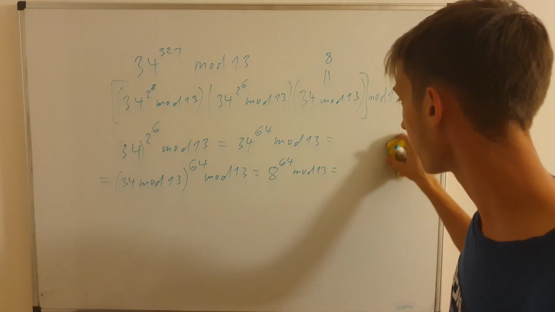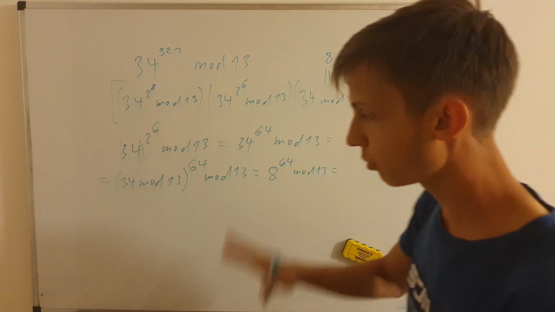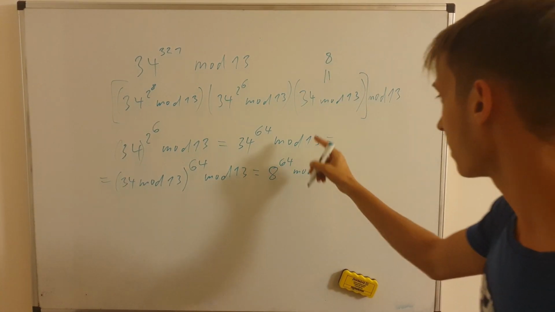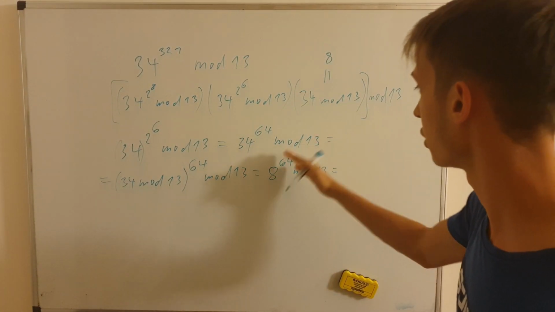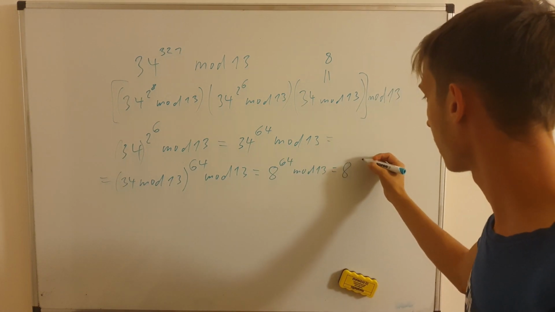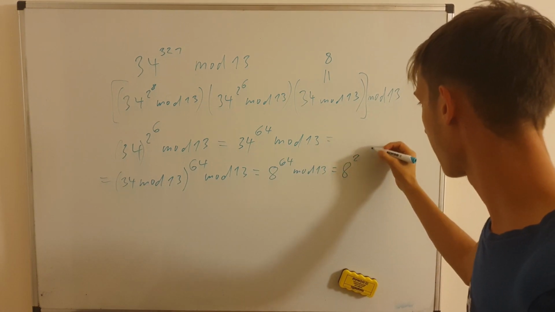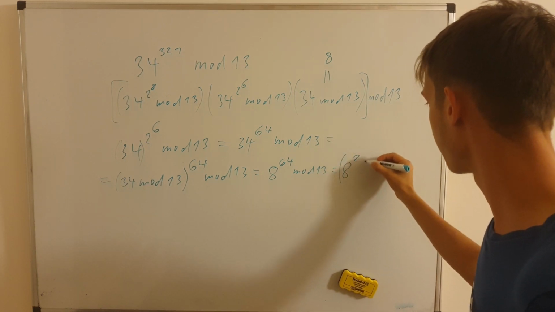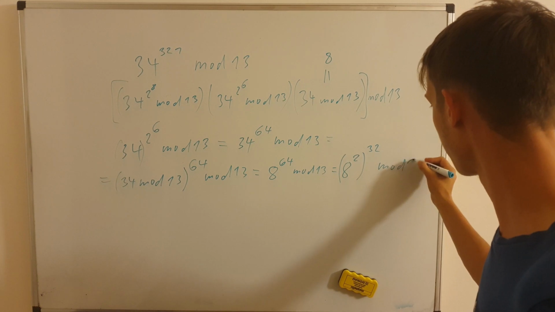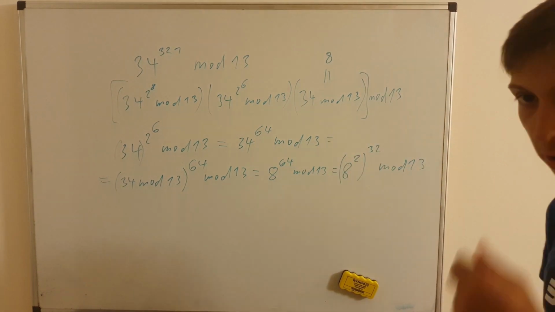But what I can now do is put there one more power and put the mod 13 on the inside once again. So I can take away a 2 and use exponent properties. So I can do 8 to the second and then to the 32 mod 13. That's still the same expression.